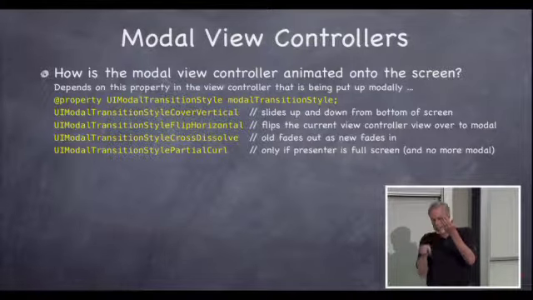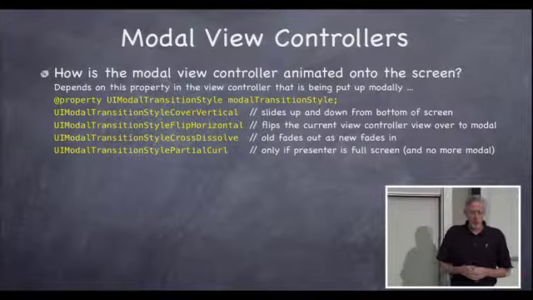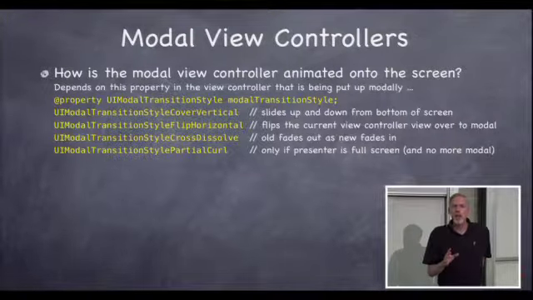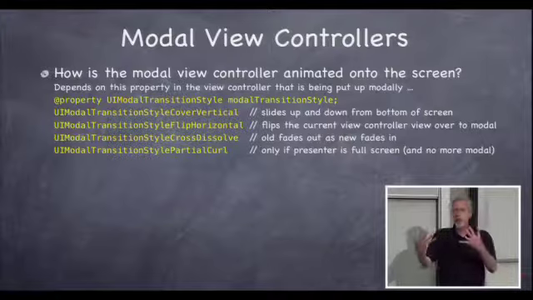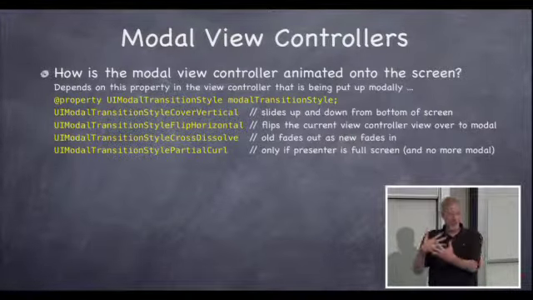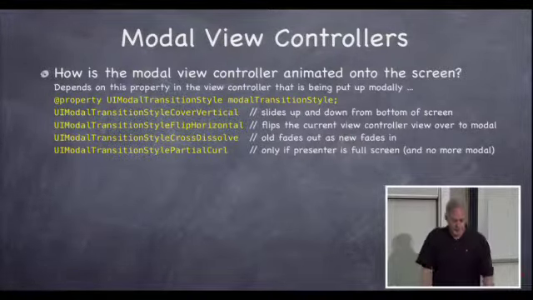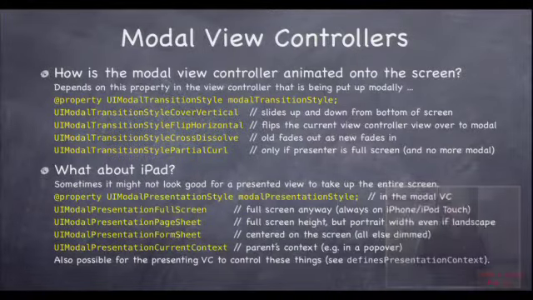Now you can only see the bottom 2/3 of it because of the curl. So that's one way. Another way is flip: the presenter and the modal view controller flip over. Another one is dissolve. They cross dissolve, one dissolves into the other. So you can imagine what these look like. We'll try in the demo if we have time to show you what some of these look like.